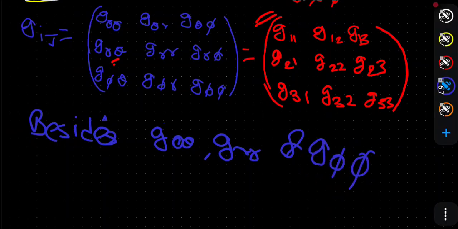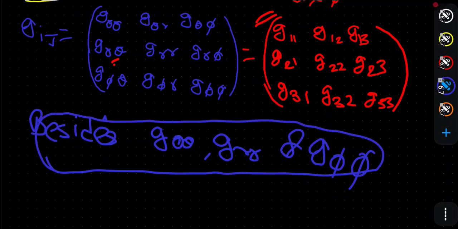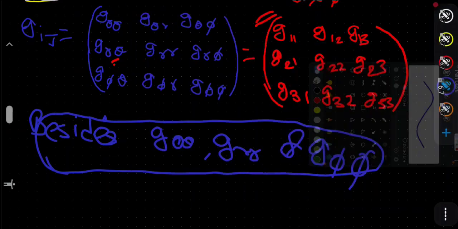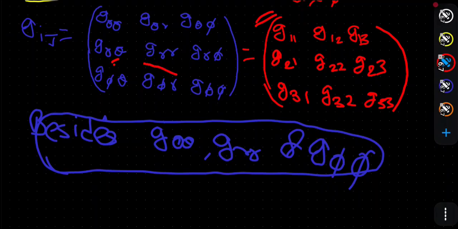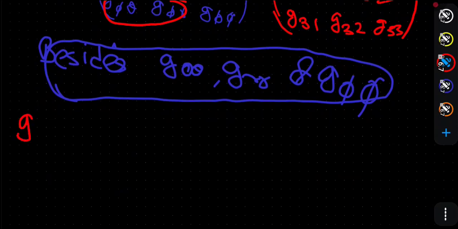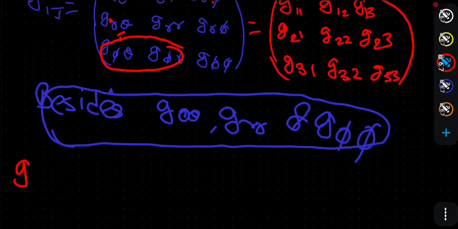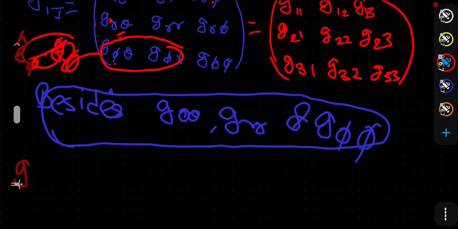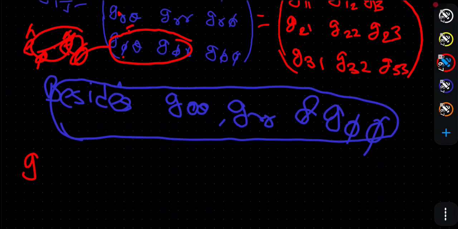Besides all of these diagonal components, all the other components are 0; only the diagonal components are non-zero. Because you will see that g phi theta involves phi and theta basis vectors, and they are orthonormal, so they become 0.